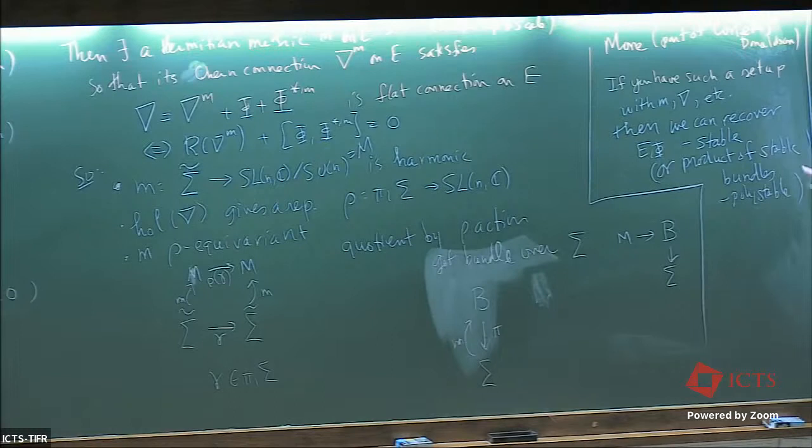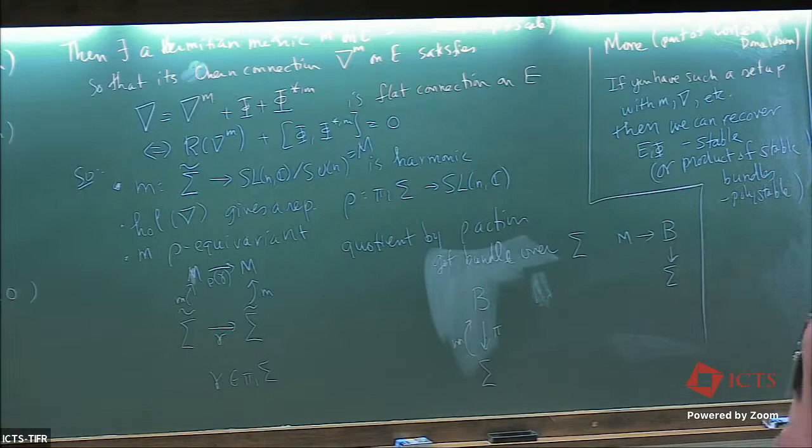In terms of the polystable condition, if the bundle is strictly polystable, then essentially the flat connection is reducible, and the irreducible case is the stable case.